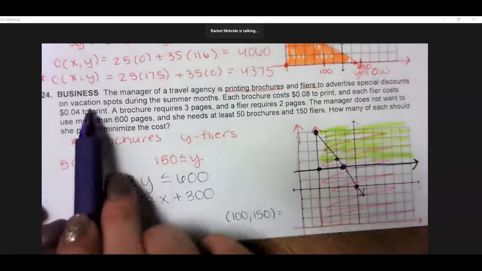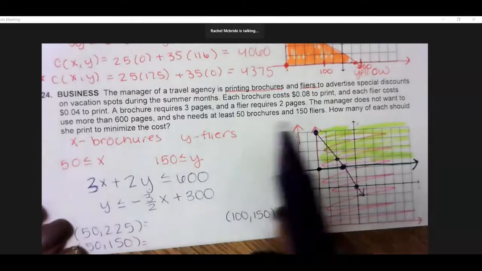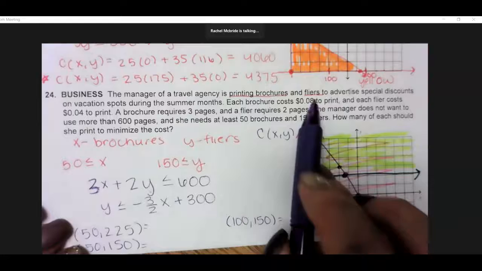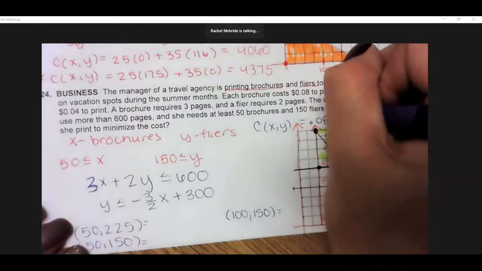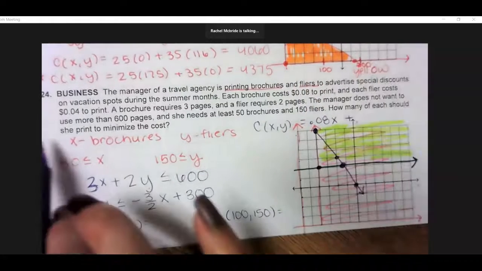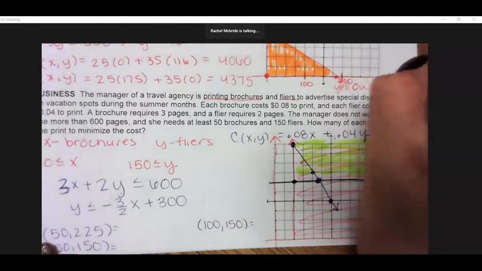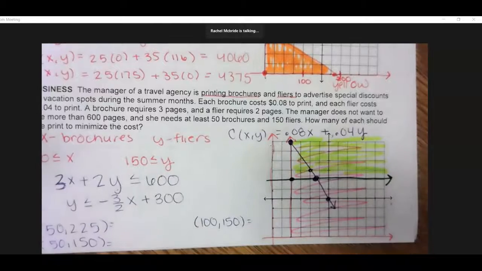So we're going to use those, and again, we're trying to minimize cost. So cost is 8 cents per brochure and 4 cents per flyer. So we're going to take 0.08x plus 0.04y.